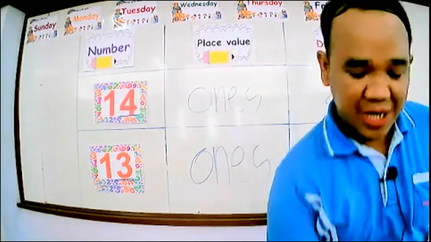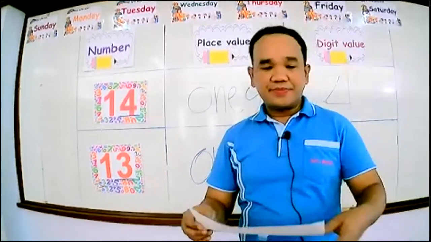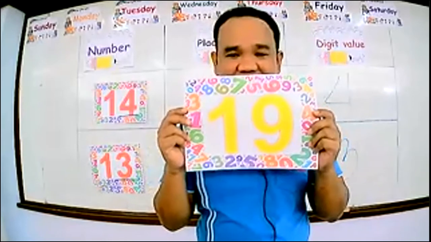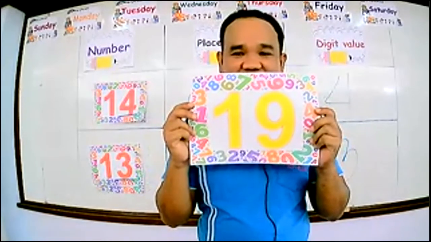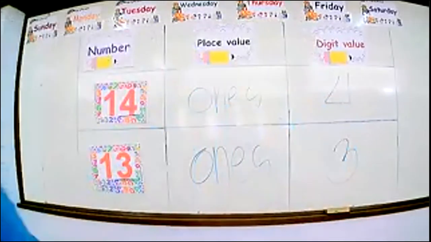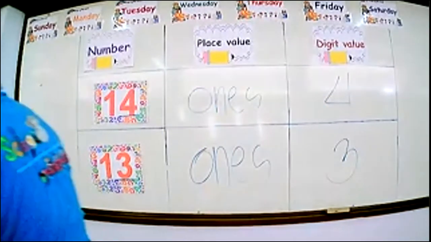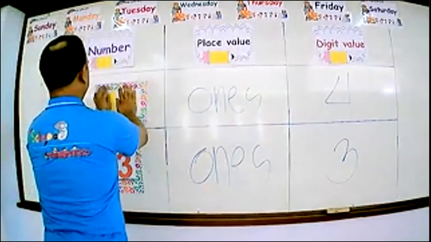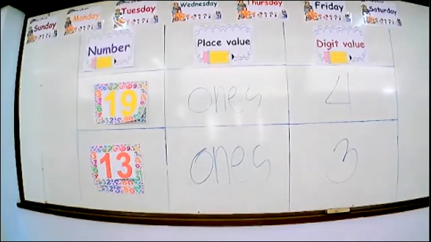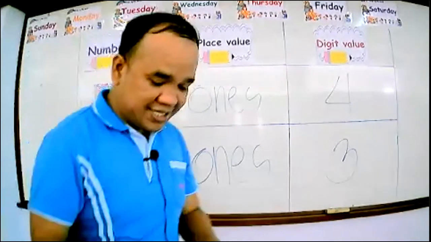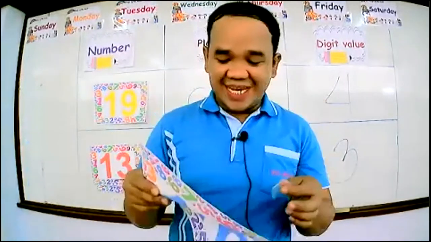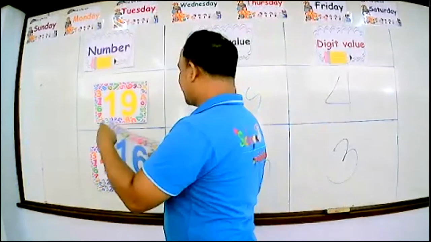Okay, let's do a last example. This is what number? Very good. It's number 19. And this is number 16. Very good. So let's do it here.